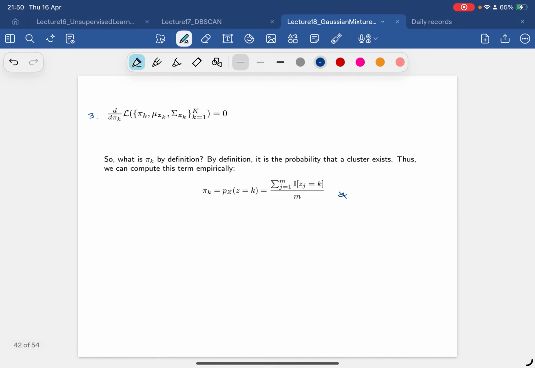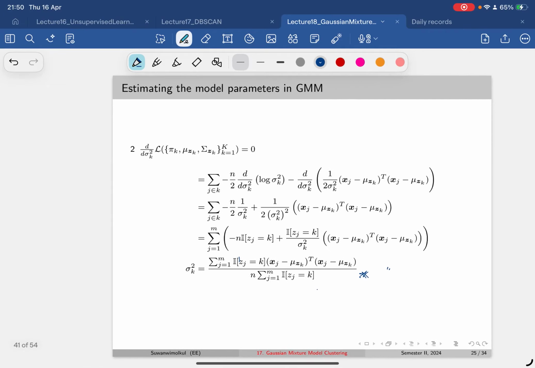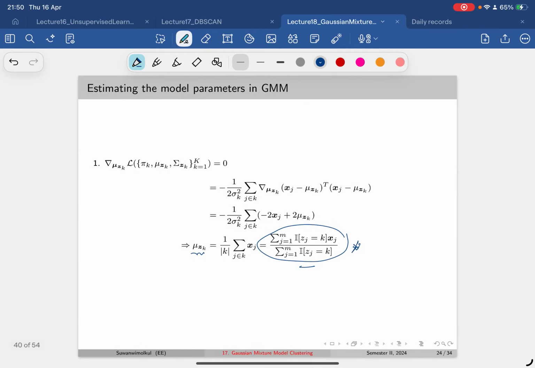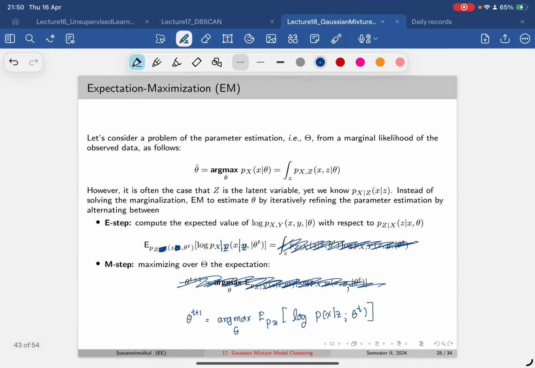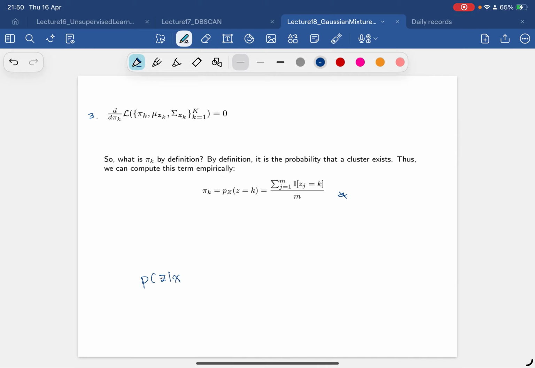Once you get that, you have the formulation to estimate the model parameters. And as I mentioned before, once you have this formulation, you can use it to estimate the cluster. That will be done through the probability of z given x, that tau.